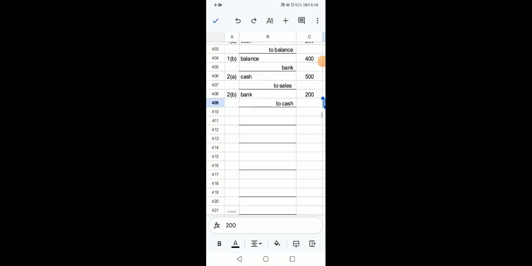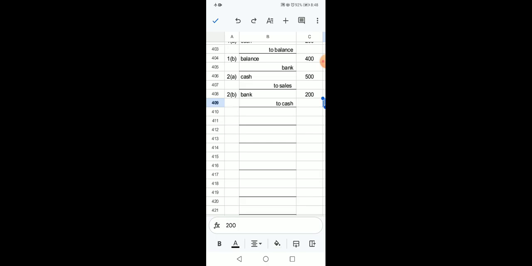Now let's see what is next for us. After 2 we are having entry number 3, and it is saying paid Habib by check. Habib is a name. Paid Habib by check. When you are paying something through check, what will happen? You are issuing this check to the person to whom amount was payable.